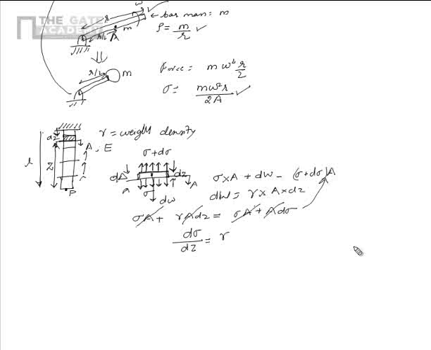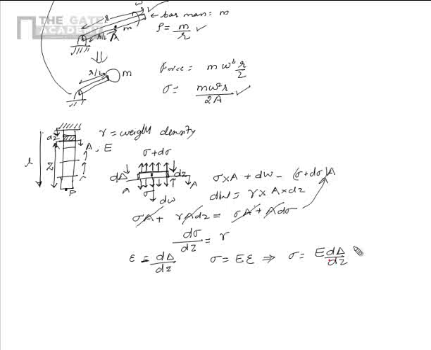So the strain in that differential element is equal to d delta by dz. Obviously, from Hooke's law, we know that sigma is equal to E into epsilon. So in this case, sigma is equal to E d delta by dz.